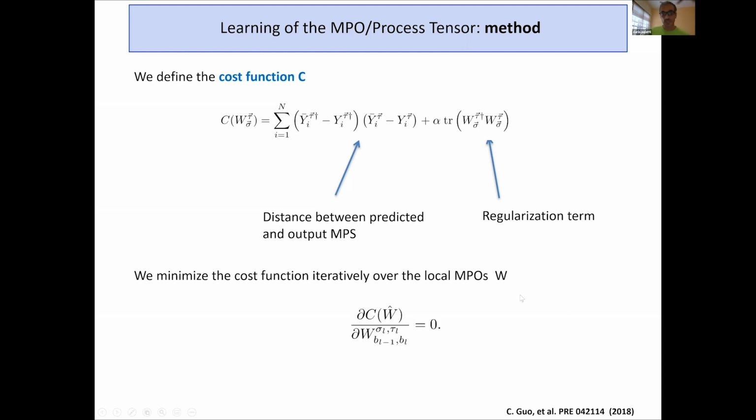And then you just do a minimization procedure, which is similar to computing the ground state of many-body quantum systems, because we have the natural structure of MPSs and MPOs. So we take our cost function, and we do the partial derivative with respect to one of the tensors of the MPO, and then we set it to 0, and then we sweep across. So we do it for the first, the second, the third, and the fourth, and then we sweep forth and back in a similar way in which you compute the ground state of a quantum system.